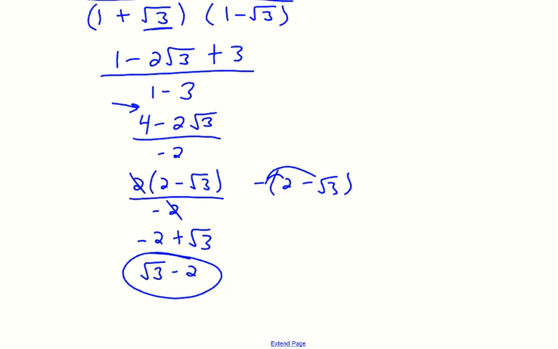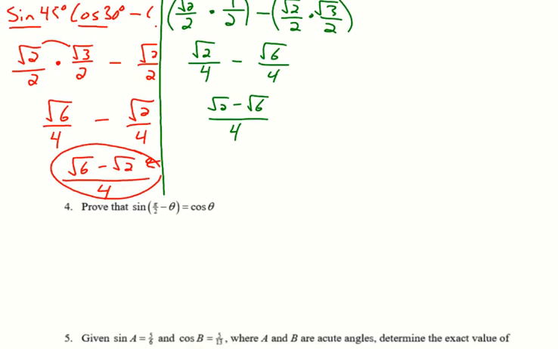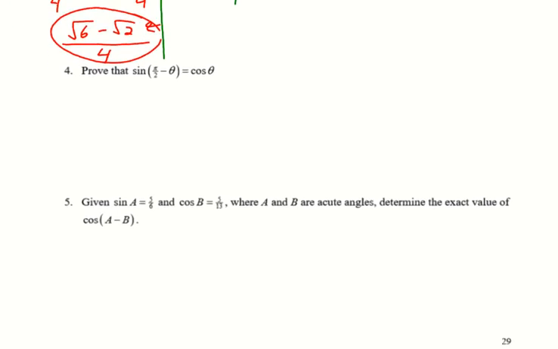All right, so let's go back here. We've got more to do. So now, prove that sine of pi over 2 minus theta is equal to cos theta. So all we can really do at this point is rewrite this. This would be A and that'd be B. So just write it out and see if we can do some things here.